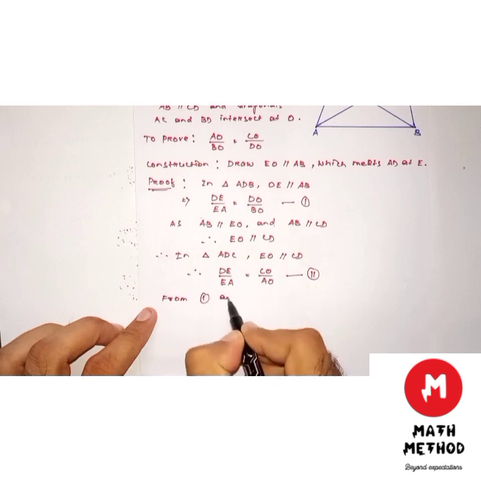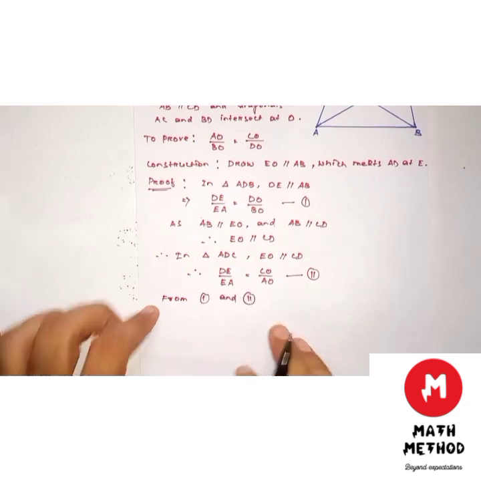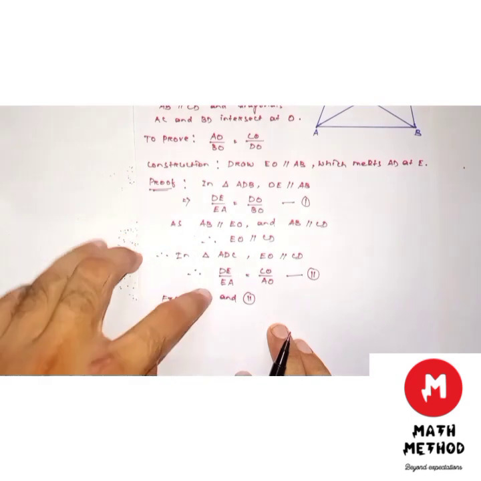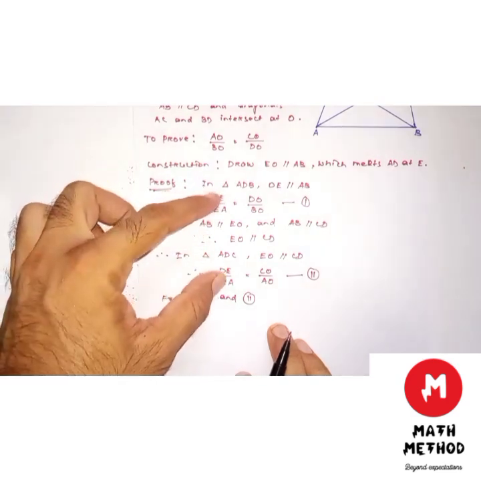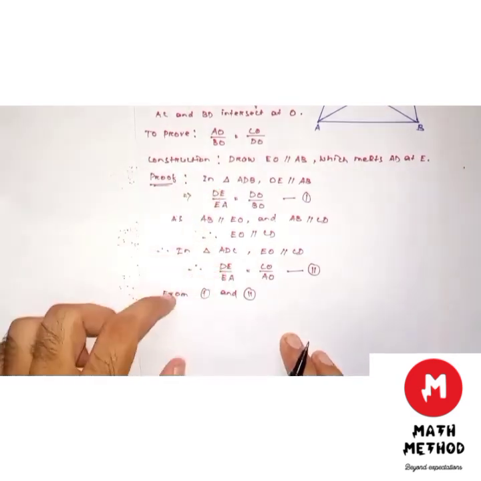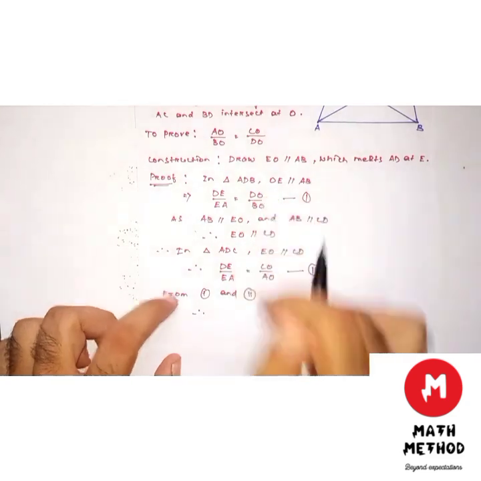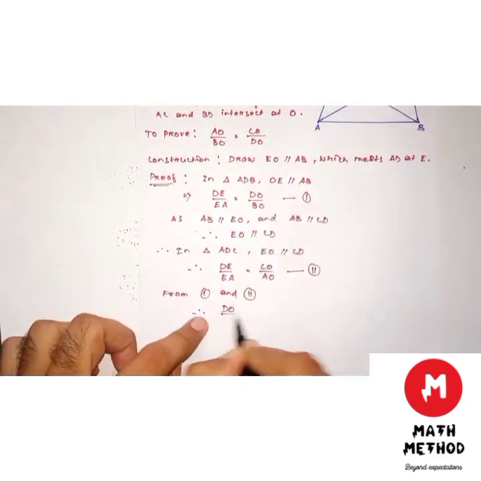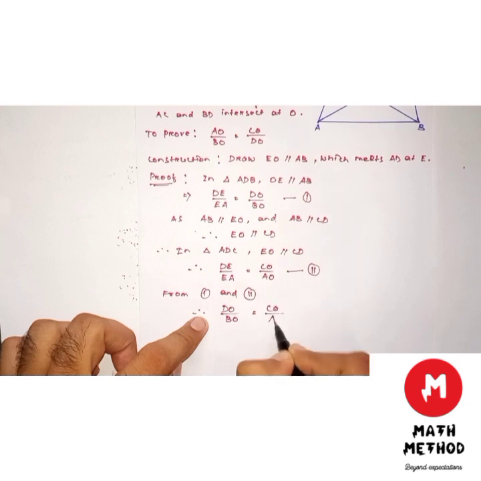Now from equations 1 and 2, both have the same LHS, therefore the RHS will be the same. Therefore, DO upon BO is equal to CO upon AO.